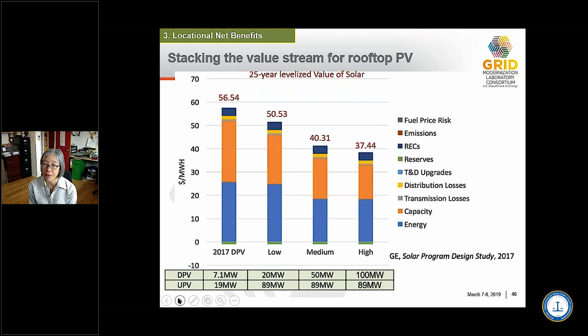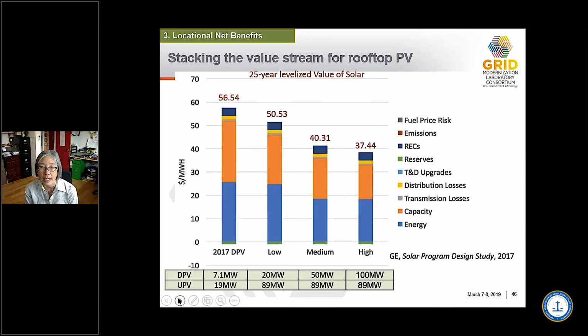It's important to note that if you're looking at things like this, especially for rooftop solar, incremental megawatts of rooftop solar have less value as you add more and more solar, because you're providing all this energy at the same time, and you're moving peak out to later in the evening, so contribution to capacity is also decreasing as you increase those penetration levels.